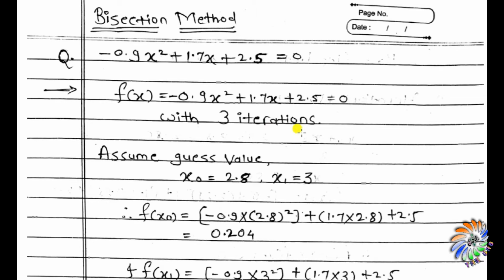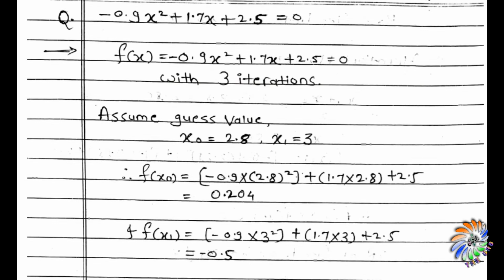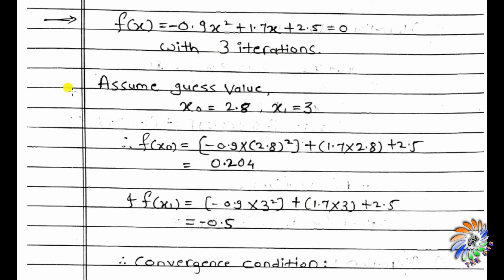Now we are given that we have to solve it with 3 iterations. Now what is the iteration? I will tell you. First of all, we have to assume two guess values of x. It may be correct or it may not be, but you just have to assume the guess values.